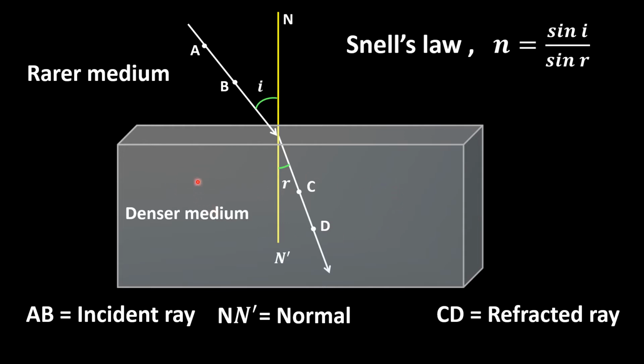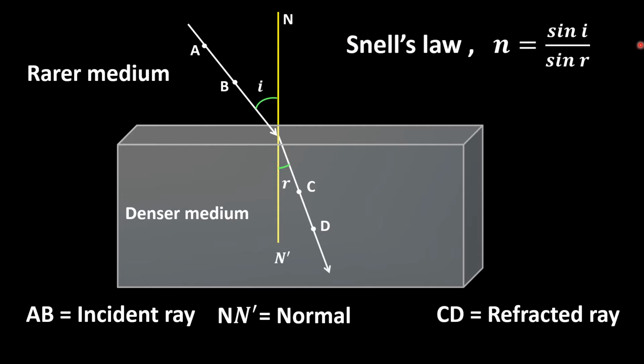The first medium is air and the second medium is glass. So here the refractive index of the second medium, that is the denser medium, I am taking it as n equal to sin I by sin R. This is called Snell's law.